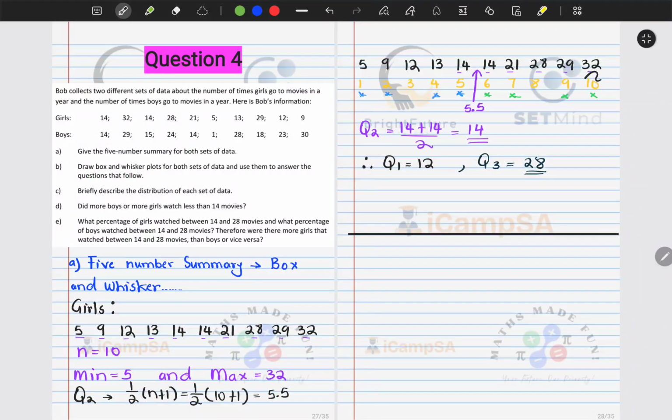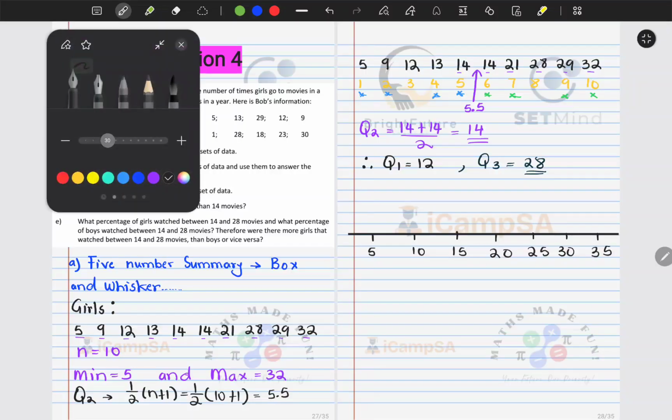So we have 1, 2, 3, 5, 2, 32. So we can just jump in steps of, let me think. Yeah, I think let's use steps of 5. That should be okay. So we're going to have a 5, 10, 15, 20, 25, 30, and then 35.